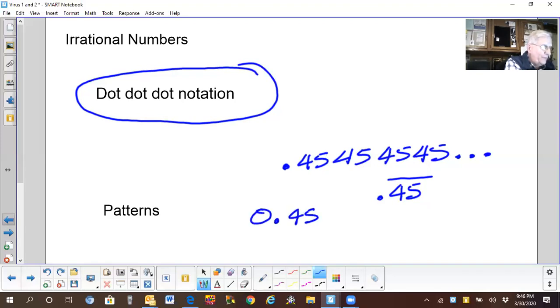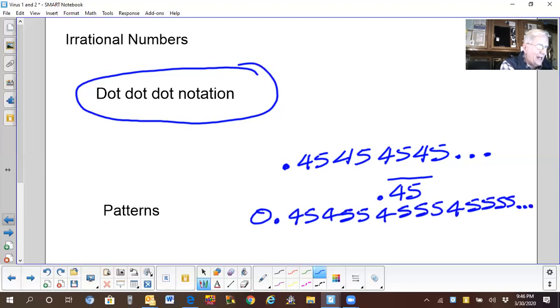I can have 0.45, 4 5 5, 4 followed by 3 5s, 4 followed by 4 5s, and if I put 3 dots after that, what that means to the reader is that this number continues to infinity, but the number of 5s continues to increase using the same pattern. First there was 1, then there were 2, then there were 3, then there were 4. So next there will be 5, then there will be 6, and so forth.